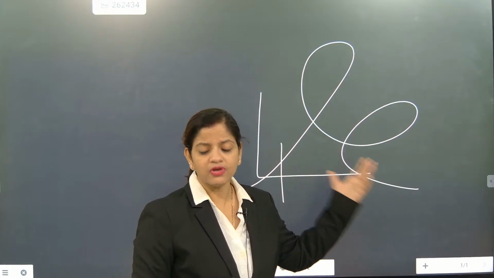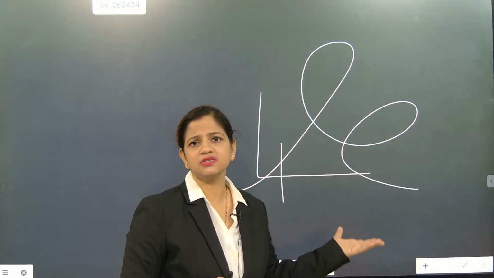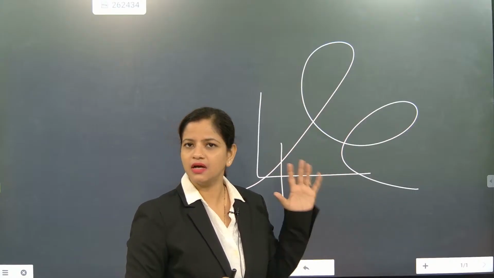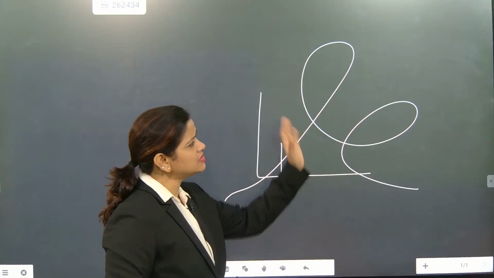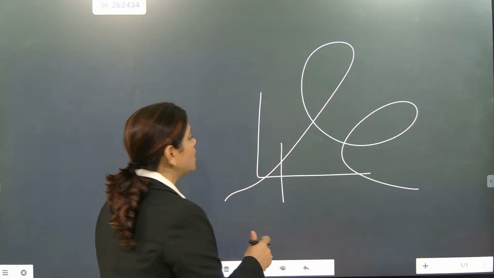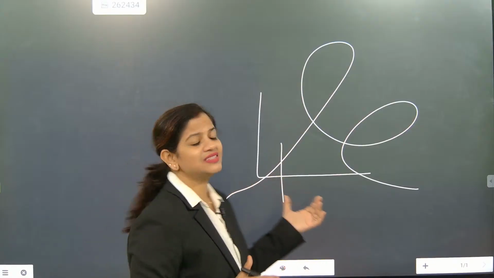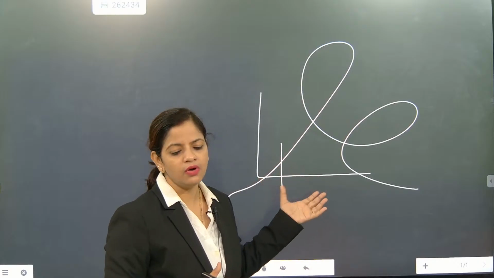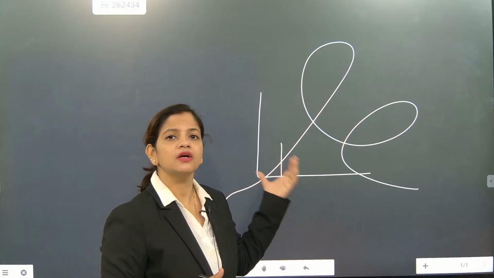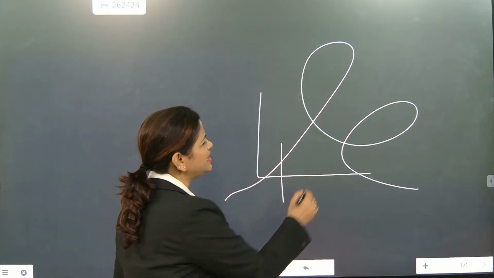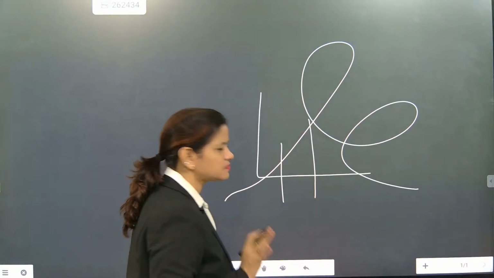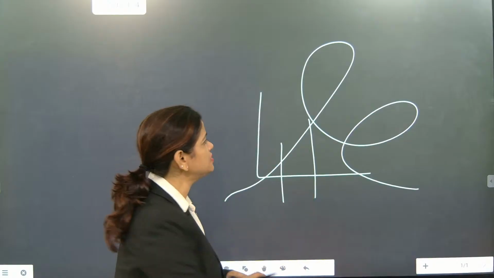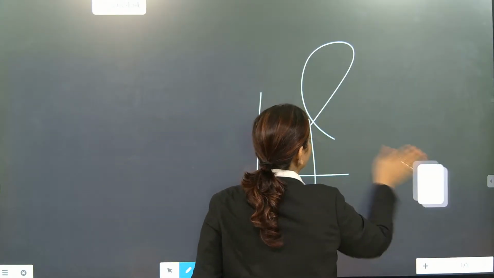How can we know? In mathematics, different types of functions are there, and every function can be represented as a curve, as a line. When such things are given, we need to understand the nature of it. For that, we convert it into a shortest format, where we only study this much.